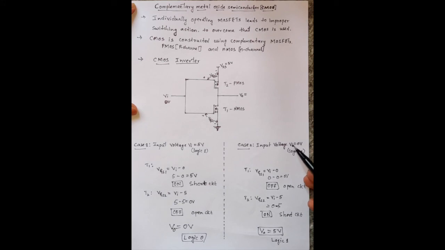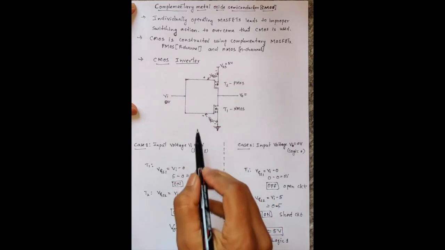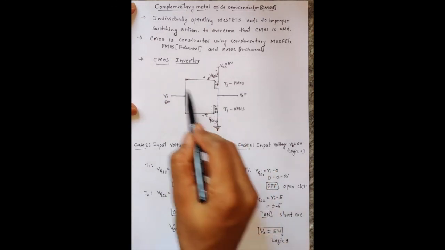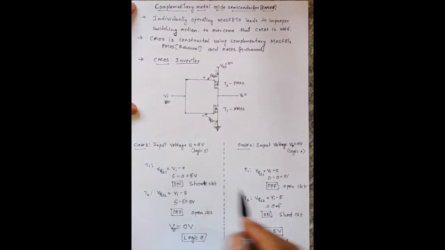So when we give an input of 0 volts, we get the output voltage as 5 volts, that is logic 0 to logic 1. So in both cases, we are getting the inverted output for the given input voltages. This is how we use this CMOS as an inverter, which will give the proper switching operation. Thank you.